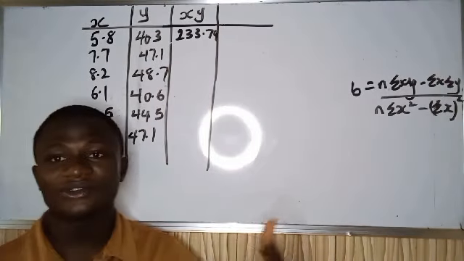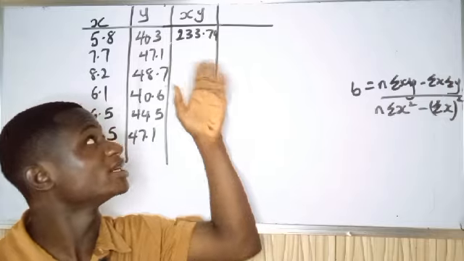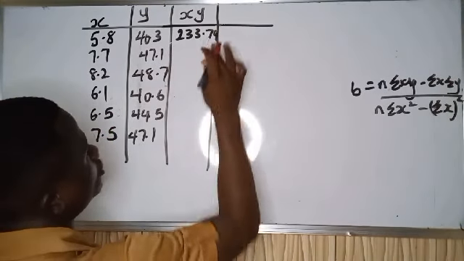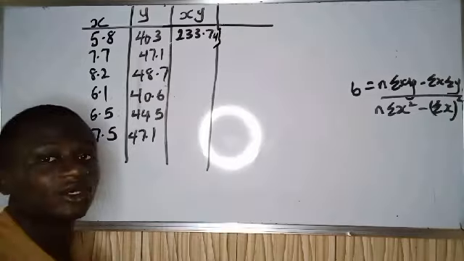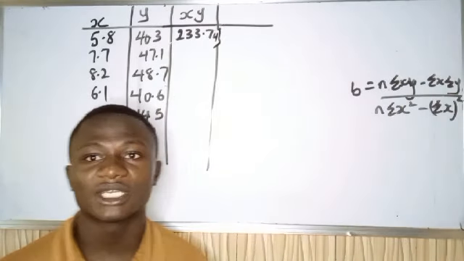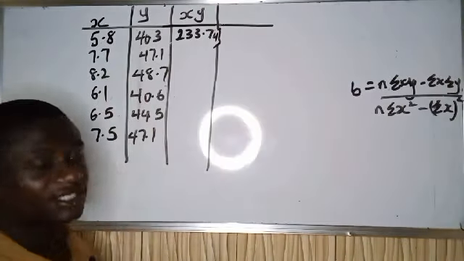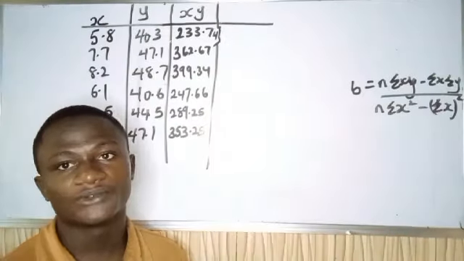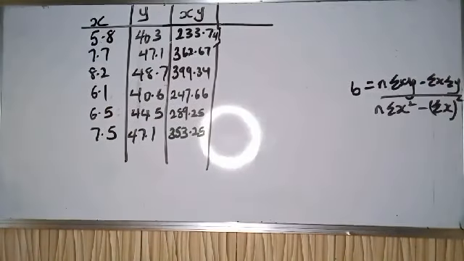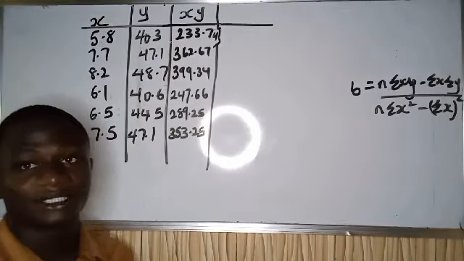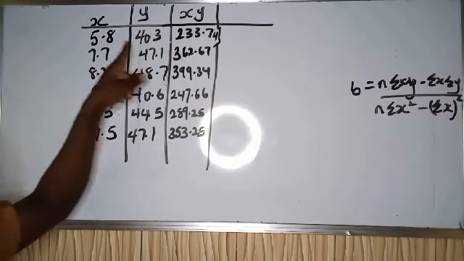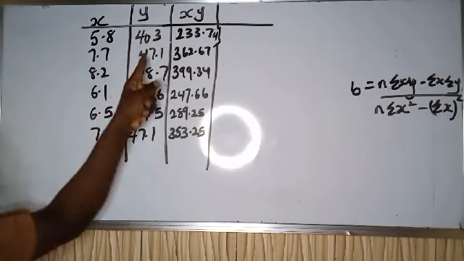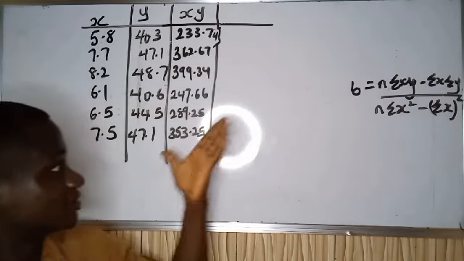If you have values that can still occupy the space, please use them. Don't just approximate 0.7, because approximating will actually alter your final answer. So let's do xy: 7.7 times 47.1. If you do the mathematics of x times y, this times this will give you this, and we've gotten it.